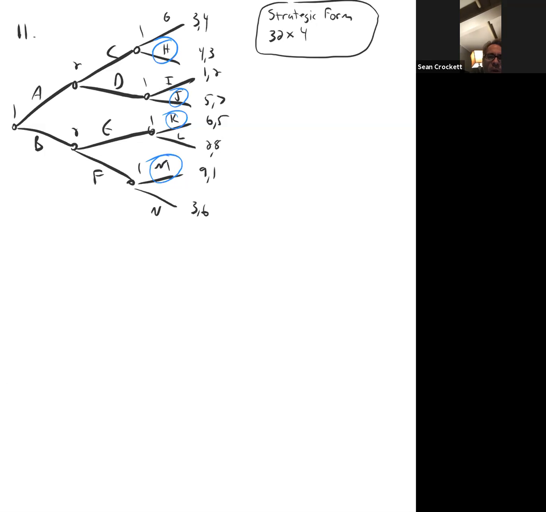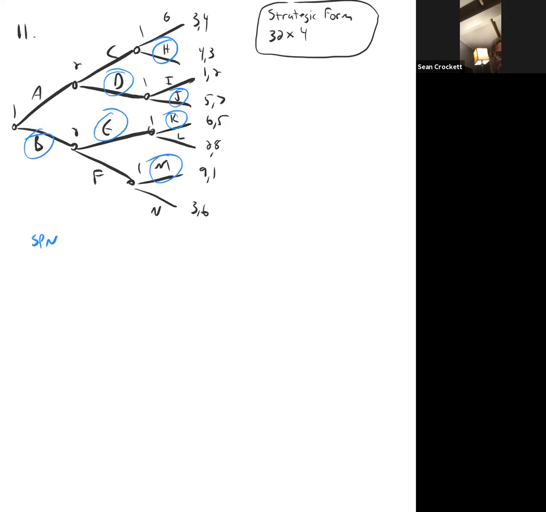Given player 1's choices, player 2 is going to pick D here because she knows if she picks C, player 1 will pick H. If she picks D, player 1 will pick J, and player 2's payoff is bigger by picking D. At the other information set for player 2, she's going to pick E because K results in a better payoff for her than M does. Now player 1 knows she's going to get 5 by playing A, and she's going to get 6 by playing B, so she plays B.